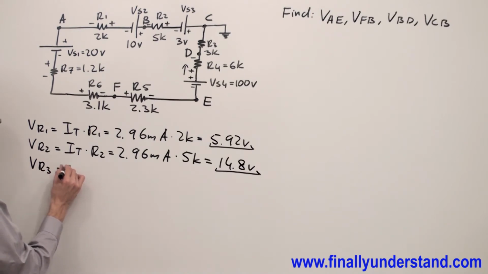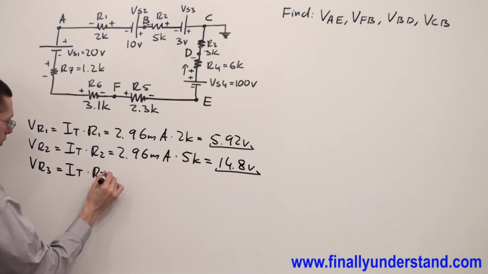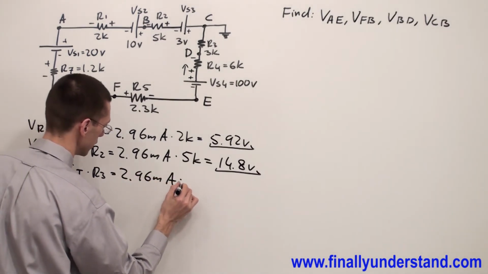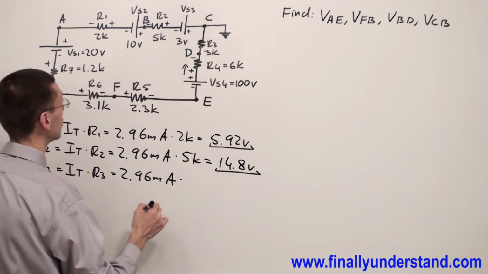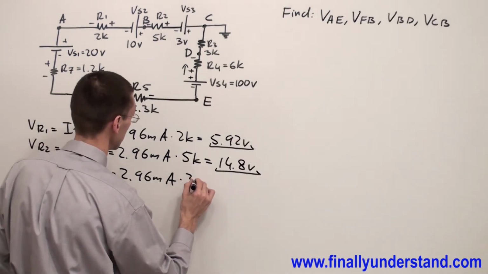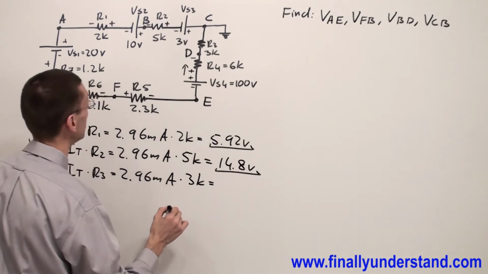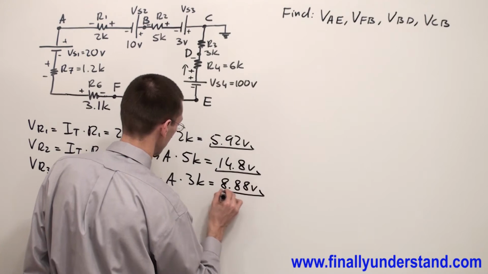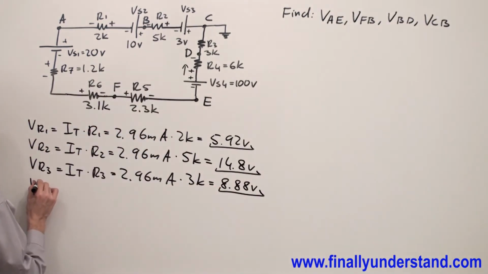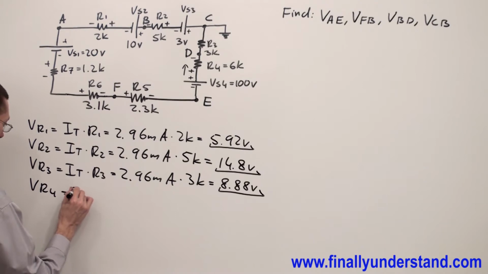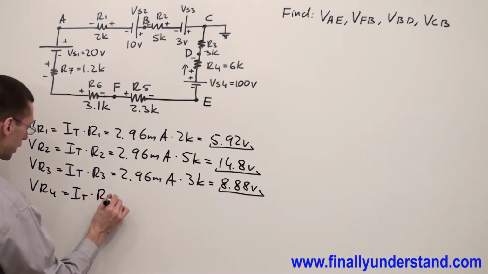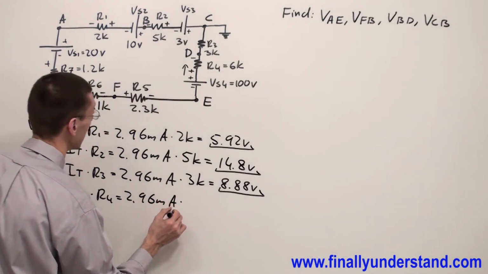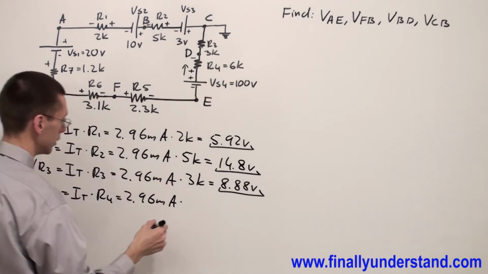VR3, we're supposed to find I total times R3, which is equal to 2.96 milliamps times R3, which is equal to 3 kilo. VR3 is equal to 8.88 volts. Next, we're supposed to find VR4, which is equal to I total times R4, 2.96 milliamps times R4, which is equal to 6 kilo.